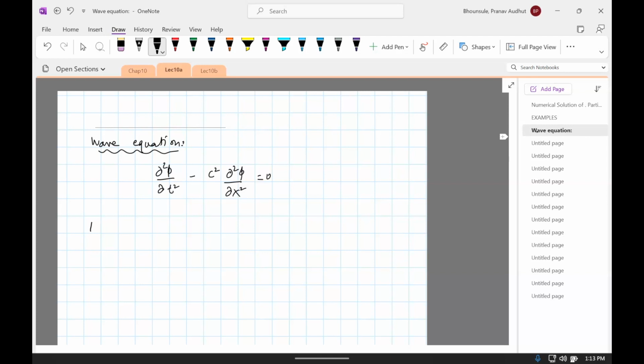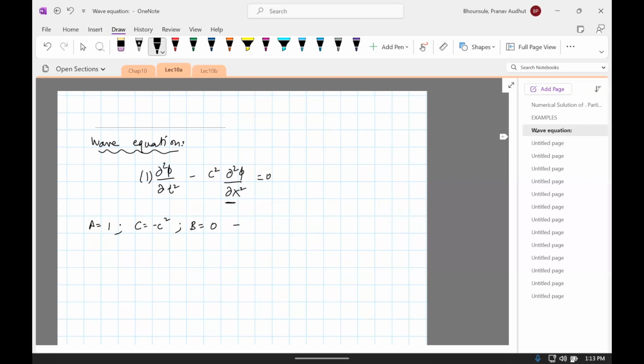Okay, here let's put A first. A is the coefficient in front of one of them. So let's just say it's before d square phi dt square. C is the coefficient before the other term, so it'll be minus c square. And then B is the term which is cross coupling, which is 0.